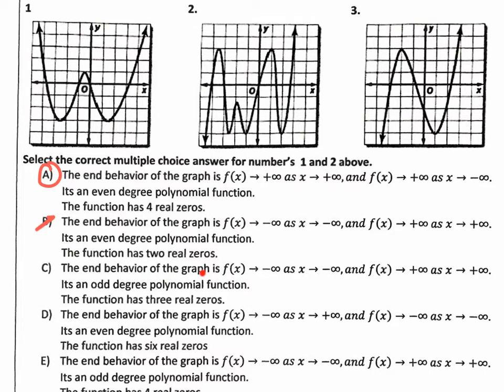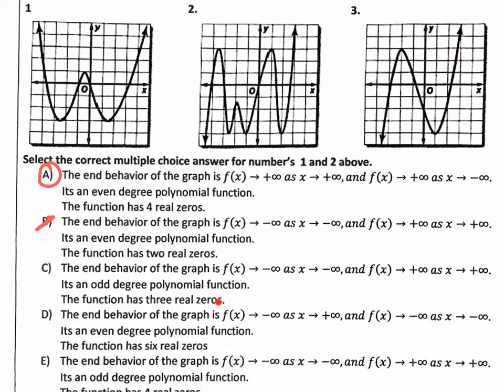C, the end behavior, the y values go down as the x values go where? To the left. Okay, so this does go down as you go to the left. That's good. The y values go up as x goes to the left or right? To the right. So it does go up as you go to the right. So far so good. It's an odd degree polynomial function. Yes.